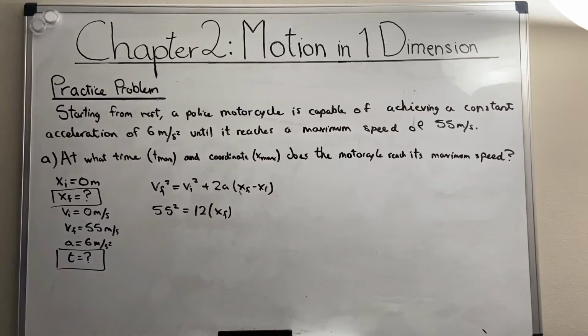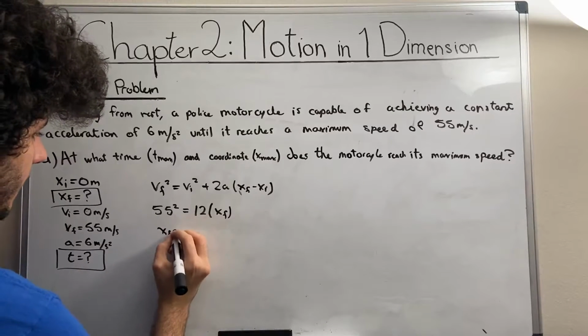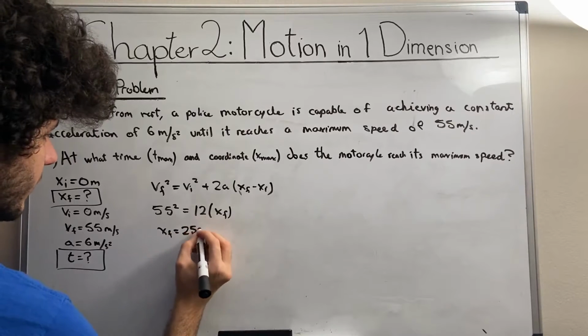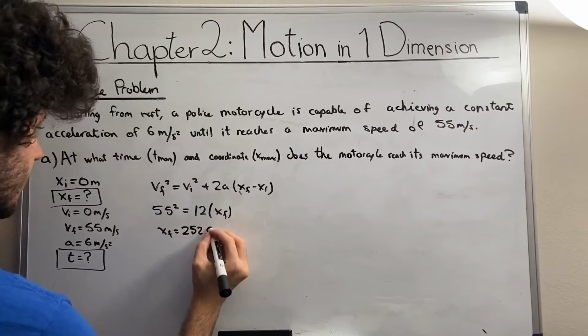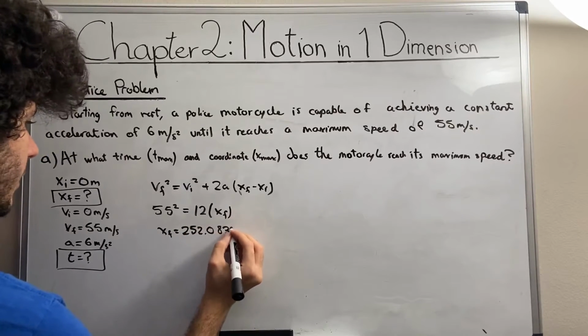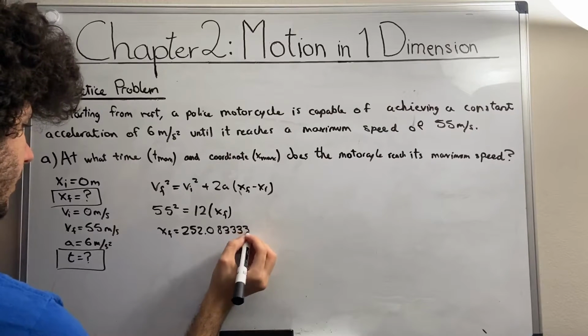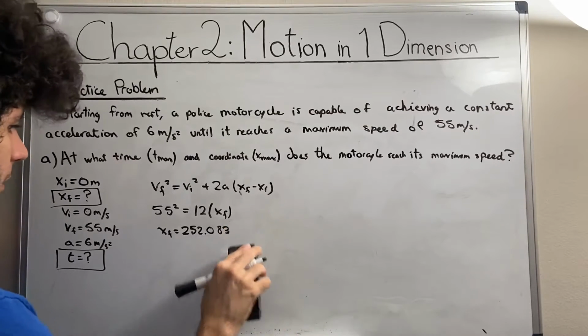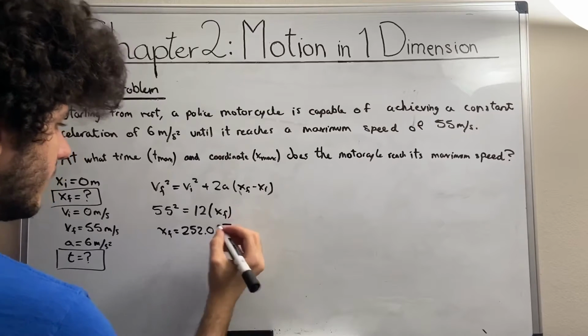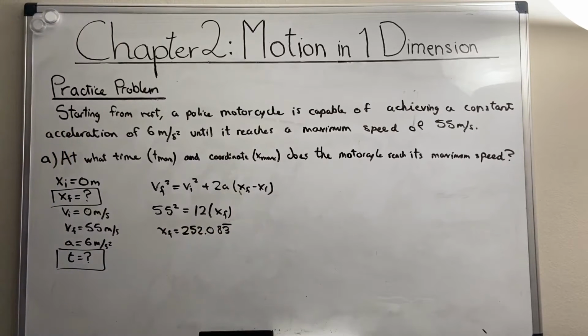And when you solve for this, you get 55 squared divided by 12, which is 252.08333, and so on. I can just write periodic. I'll make sure to write a couple extra 3's when I'm calculating on my calculator.